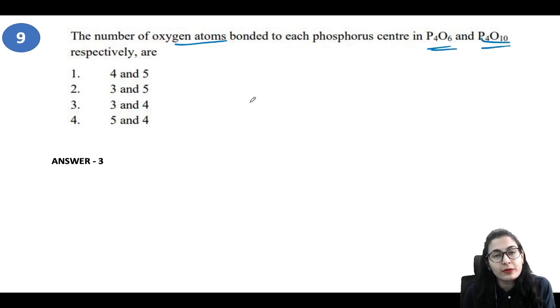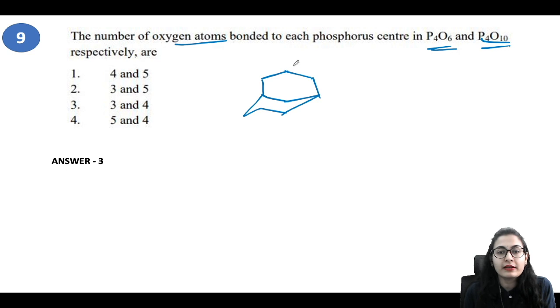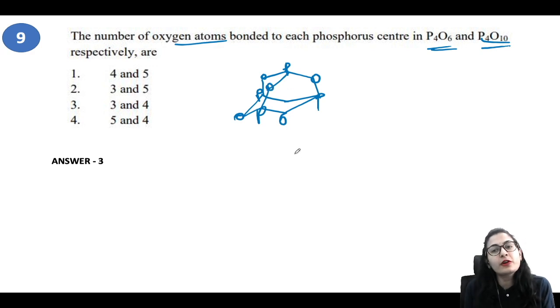Okay, next question. Number of oxygen atoms bonded to each phosphorus center in P4O6 and P4O10. So guys, you are going to draw the structure in adamantane way because it's the best way you can understand the structure. Alternate position पे phosphorus, oxygen, like this. Now this is for P4O6. P4O6 में आपने देखा है each phosphorus is connected to 3 oxygen atoms.